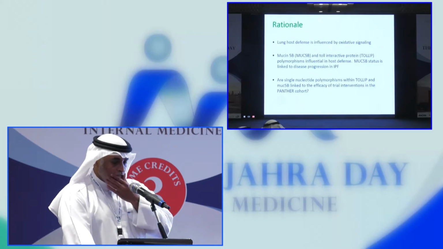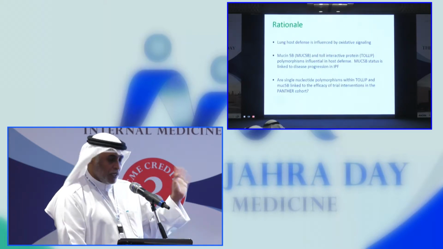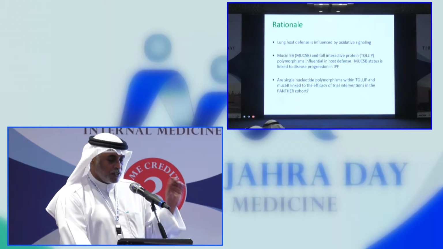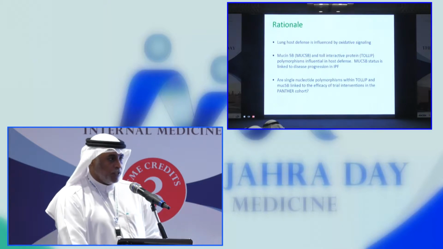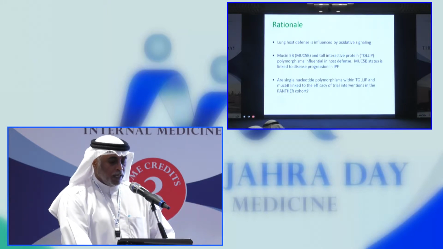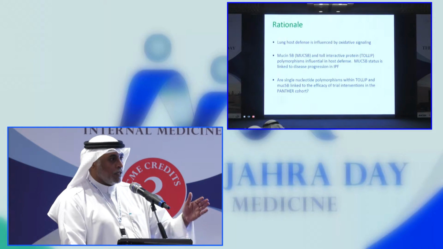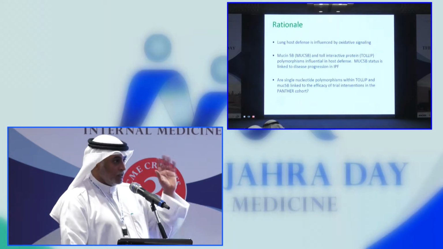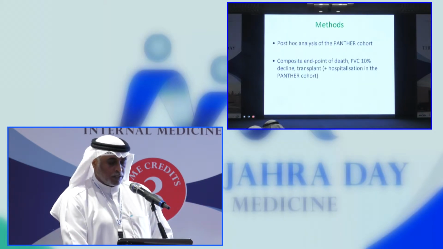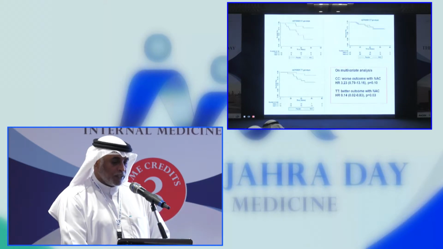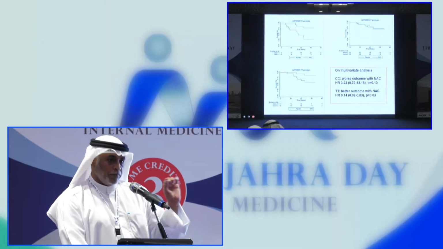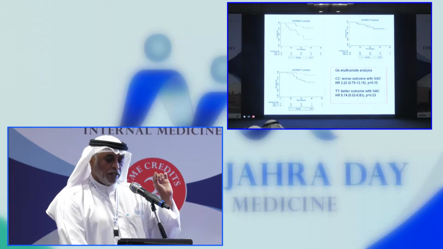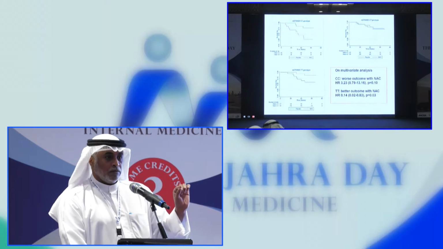So the question of this study is: is a single polymorphism of the toll-interacting protein, TOLLIP, really linked to the efficacy of N-acetylcysteine in the PANTHER cohort? It was a post hoc analysis, and what they found, interestingly, is that those patients with the CC genotype of TOLLIP did badly.